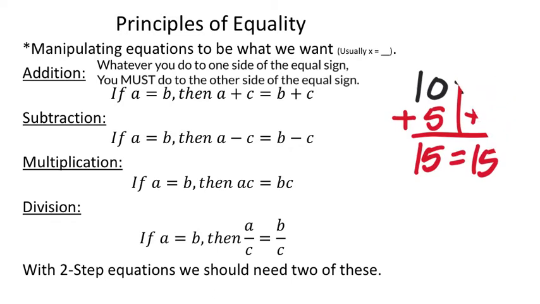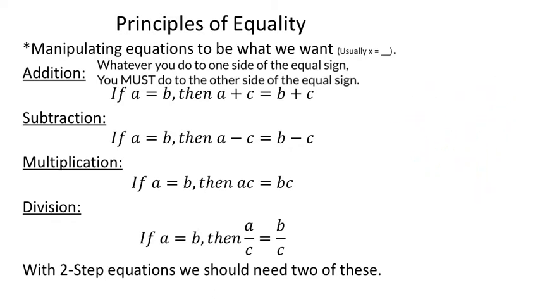Now, along those lines then, there's more purpose than to just randomly do things to one side and the other side, just like we've seen with the last 2 lessons. Remember, addition and subtraction, if we're going to be using these 2 principles of equality, this is when we're going to make phantom zeros.